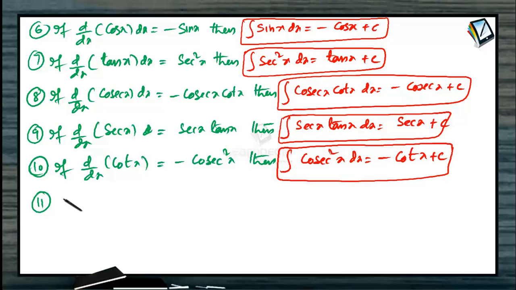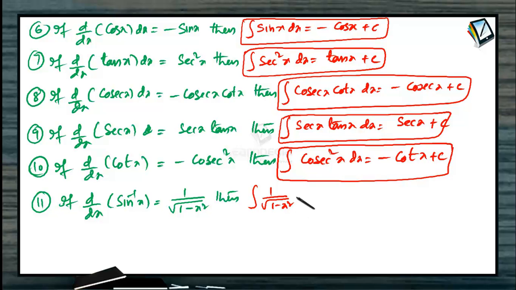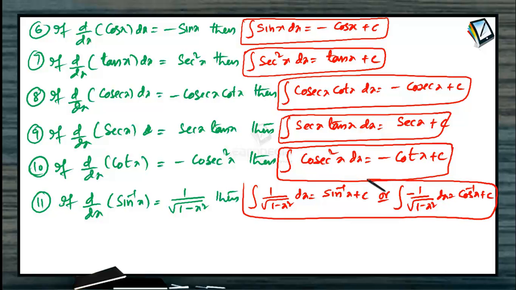Next, 11th one is, if d by dx of sine inverse of x is 1 by root 1 minus x square, then integral of 1 by root 1 minus x square dx is sine inverse of x plus c, or we can say integral of minus of 1 by root 1 minus x square dx is obviously cos inverse of x plus c. So with the difference of negative sign we can find out both integrals.